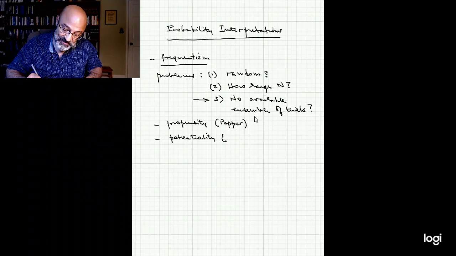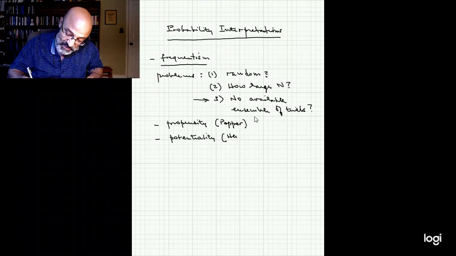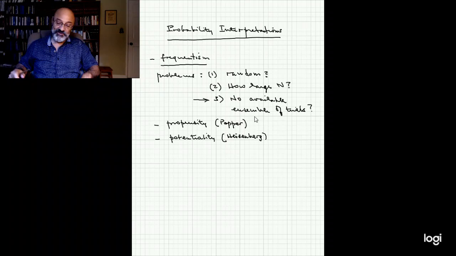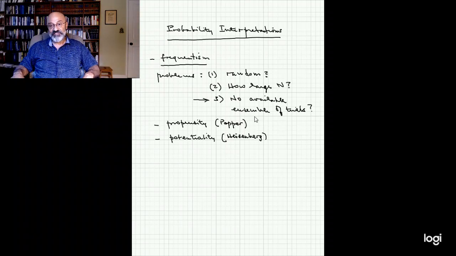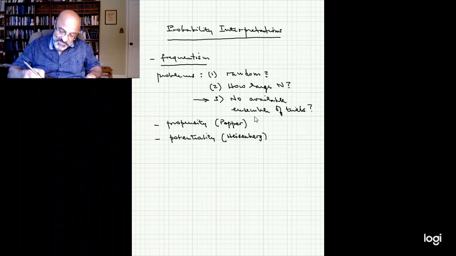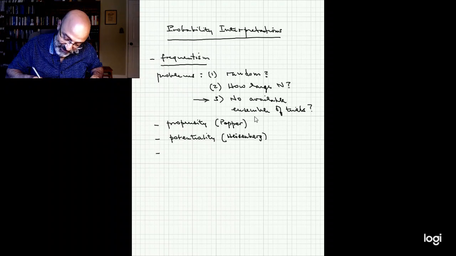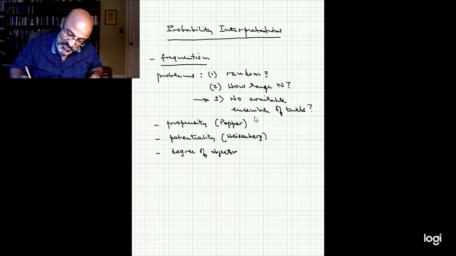What I can tell you is that this potentiality is something that originates with the Greeks, but the person who really tried to put some words into it and tried to envisage this as being part of physics was Heisenberg. This is what he thought of probabilities as being. There is another modern one, which is what's called a degree of objective chance.